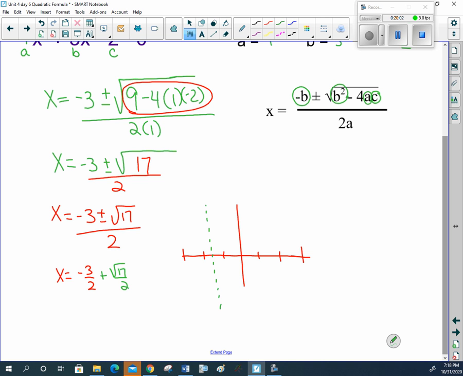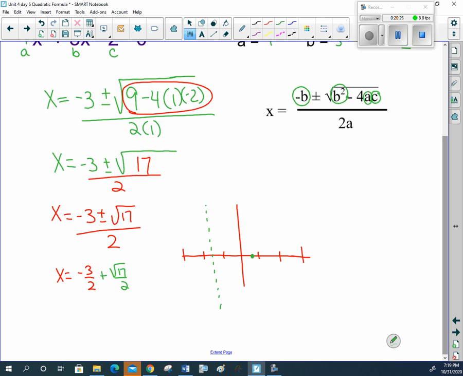So if I take the square root of 17 over 2, I'm going to get a decimal approximation for that. That is about 2.06. So if I go right here and I add 2.06, that would move me to the right. So here's 1, and here would be about 2. It'd put me about right here. That's one of my zeros.